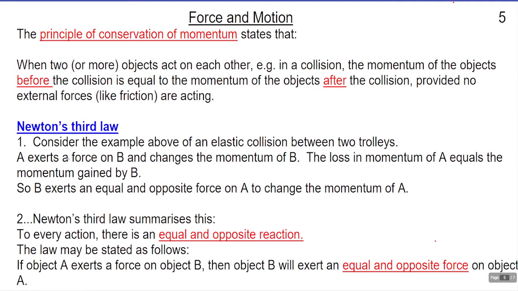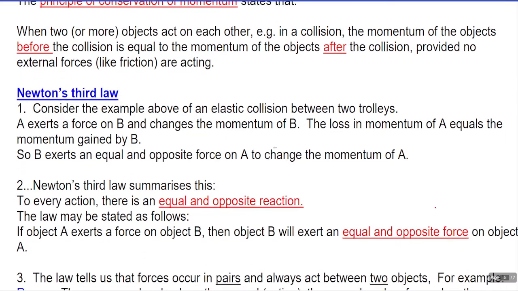Now A exerts a force on B and changes the momentum of B from 0 to something. The lost momentum of A equals the gain in momentum in B. So B exerts an equal but opposite force on A to change the momentum of A.